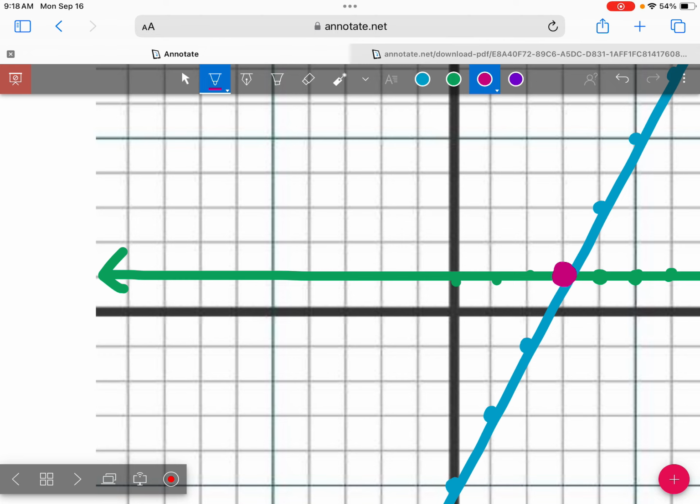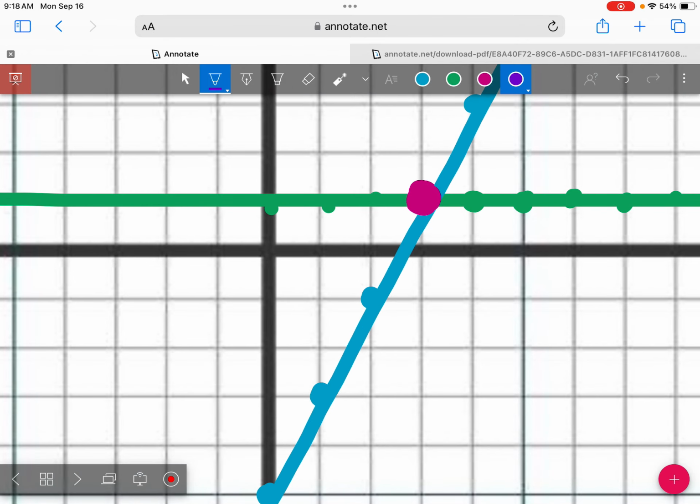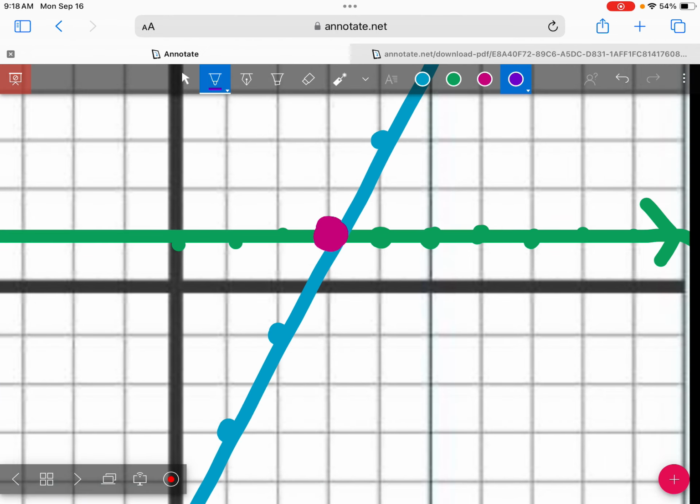How am I going to move from that pink point for this purple line? How do I find my next point? Down 1, right 5. 1, 2, 3, 4, 5, which I believe is off your graph.